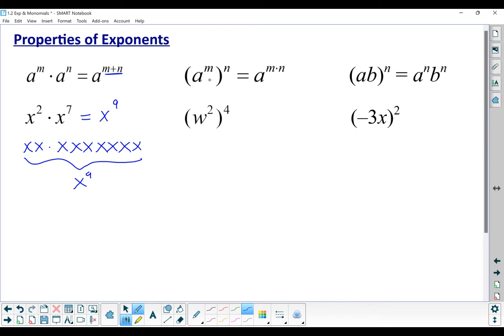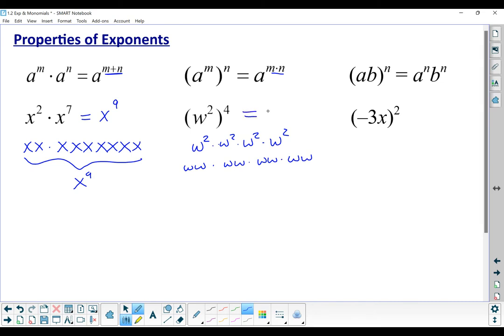If you have an exponential expression that is raised to an additional power, like a to the m to the nth power, that's when you can multiply those powers together. So w squared to the 4th really just means that we have w squared times w squared times w squared times w squared, 4 times. And each of those w squareds is really just 2 factors of w being multiplied together.